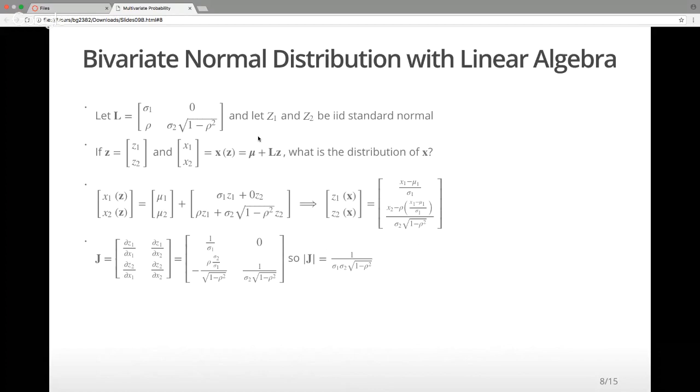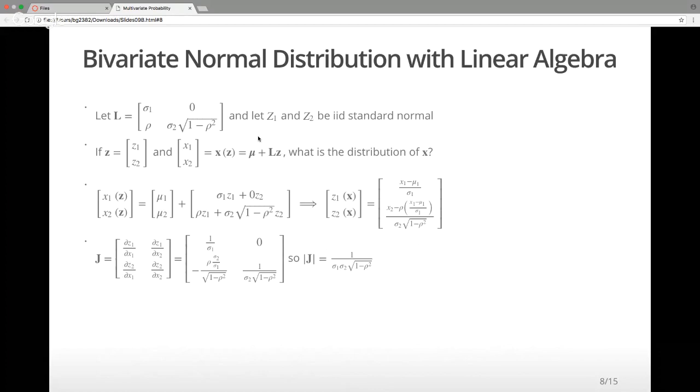Derivative of z2 with respect to x2 is going to be 1 over sigma 2 times, in the denominator, 1 minus rho squared. This is a triangular Jacobian matrix. Consequently, the determinant is the product down the diagonal, and so the determinant of this Jacobian is 1 over sigma 1 times sigma 2 times 1 minus rho squared in the denominator.